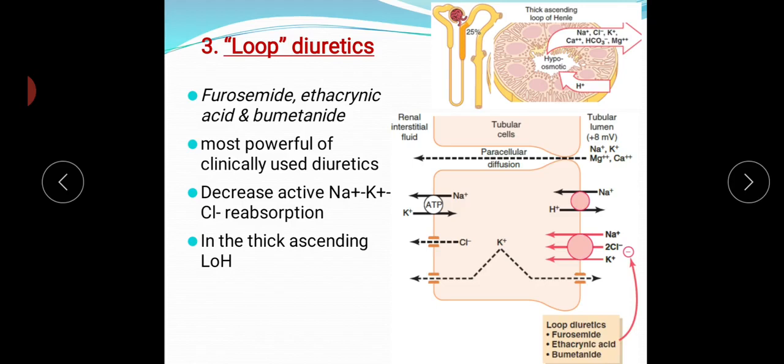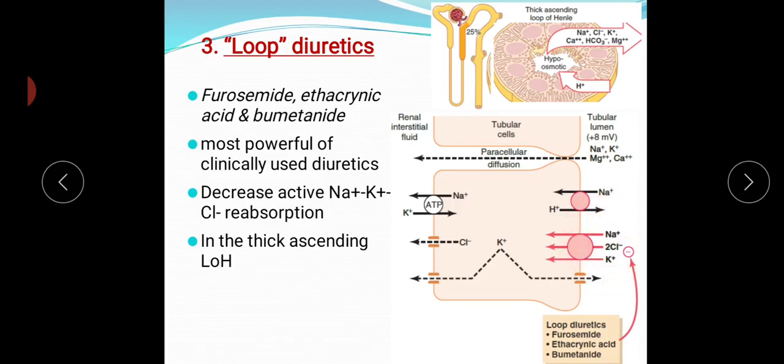This carrier protein will reabsorb all three solutes: sodium, chloride and potassium. Around 20 to 25% of the solutes are reabsorbed from this thick ascending limb, mainly via this pump, and with that there is another pump, the sodium hydrogen exchanger. But here our main focus is this sodium 2 chloride potassium pump.